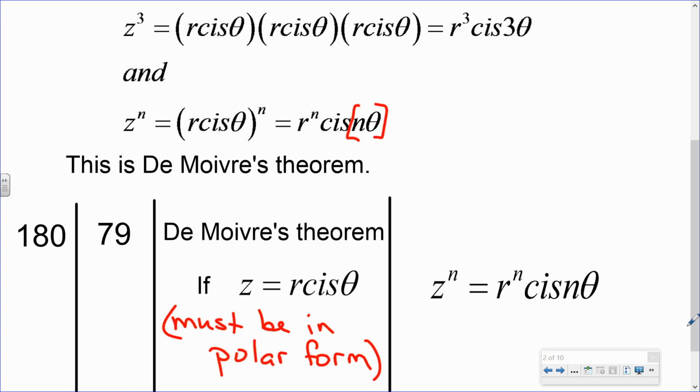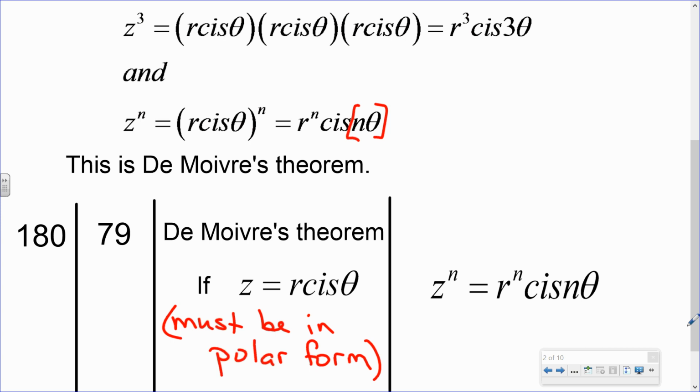One of these today I will actually do both ways, the long way of foiling a whole bunch and using DeMoivre's, just to show you that we do indeed get the very same answer either way. You are going to want to read your directions carefully. Did they tell you to leave it in polar form or change it to rectangular form? But you should be used to that by now. You've had enough other problems where they have been asking you to do that.